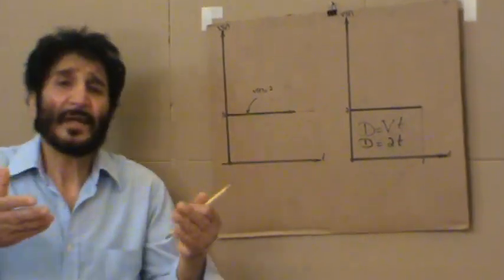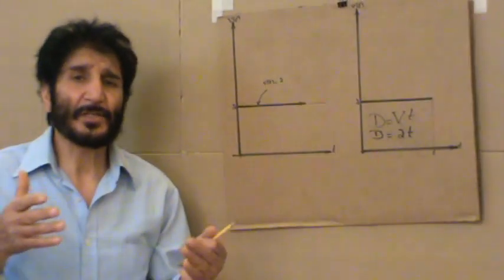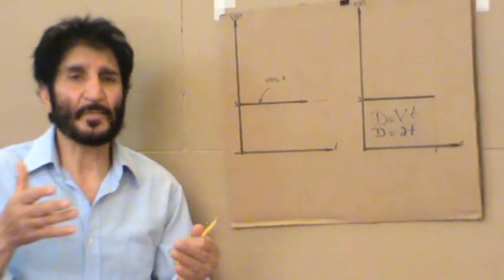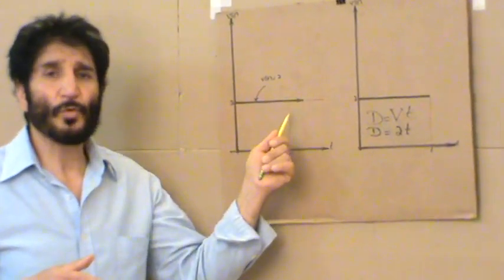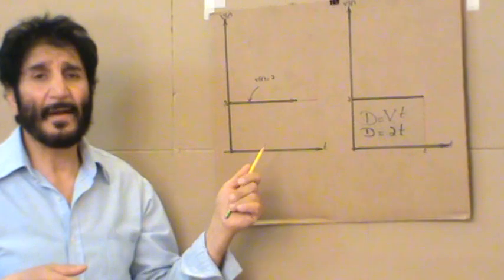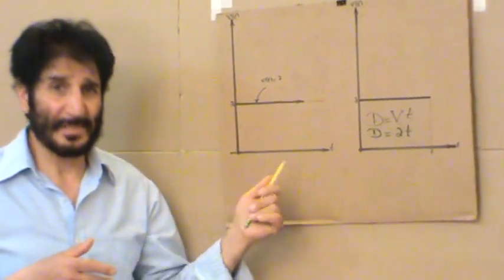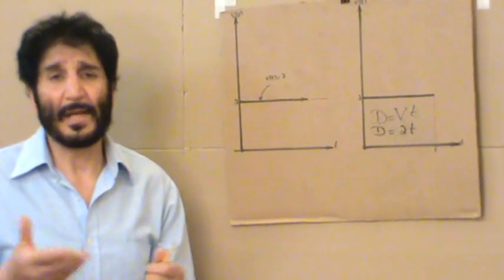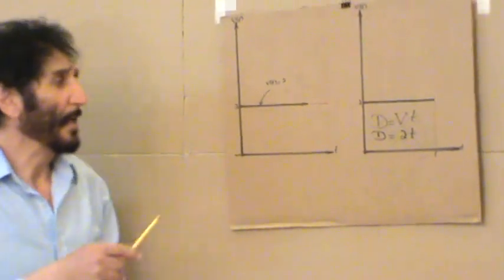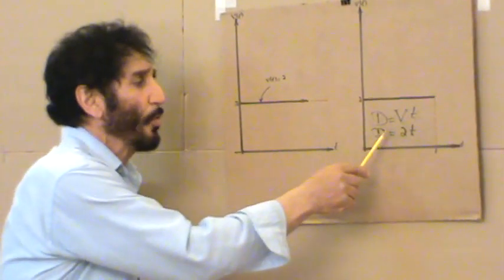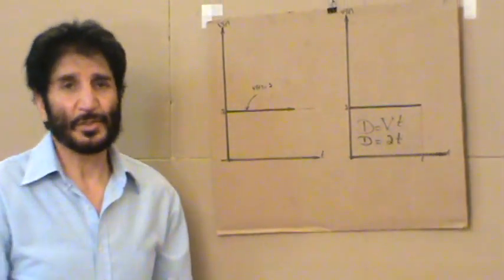What is distance? Distance is velocity times time, length times width. Velocity is 2, we can call it height or length, and the time is t, you can call it width or length, either of them, doesn't matter. So here we can say distance equals 2 times t, which is 2t.